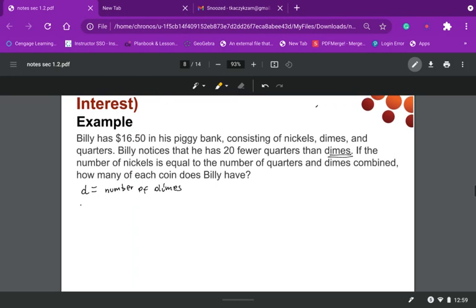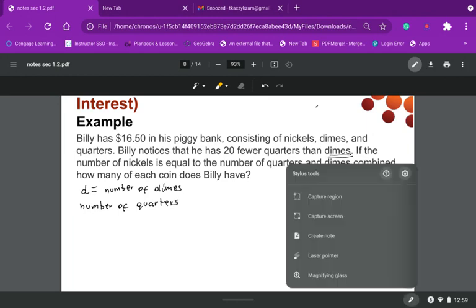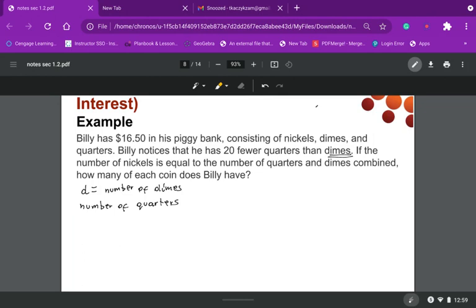Okay, so now when we're talking about quarters, we're going to express number of quarters and we're going to translate this part. Billy noticed that he has 20 fewer quarters than dimes. Fewer stands for less than, we're subtracting. So we're going to translate that.